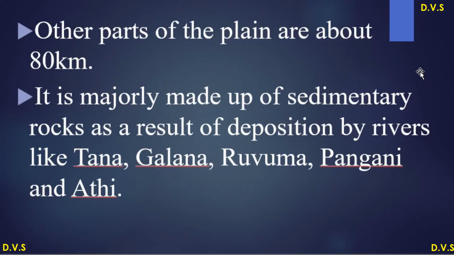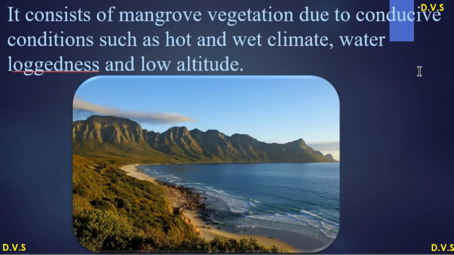Other parts of the plain are about 80 kilometers wide, and it is majorly made up of sedimentary rocks as a result of deposition by rivers like Tana, Galana, Ruvuma, Pangani, Athi, and Rufiji.